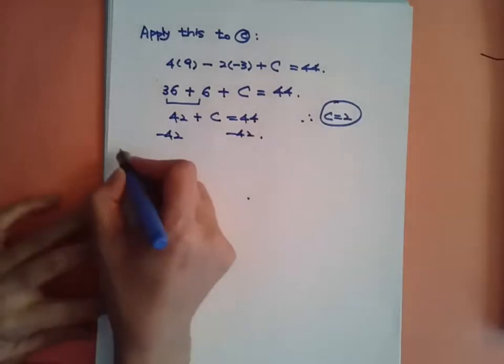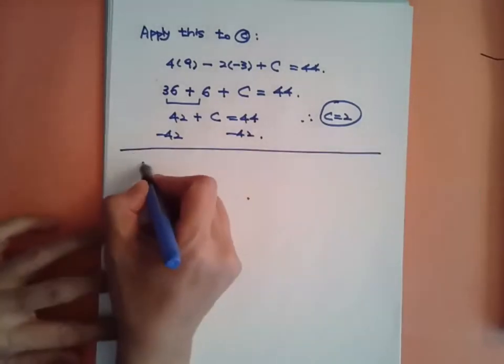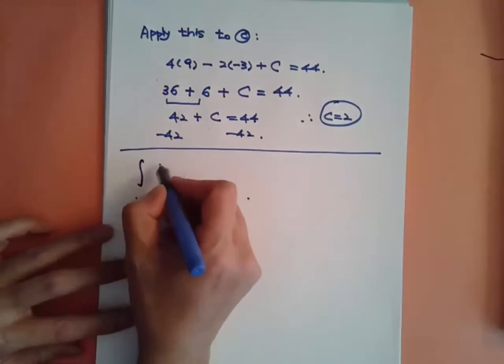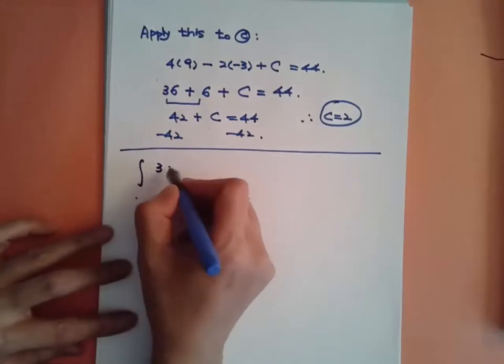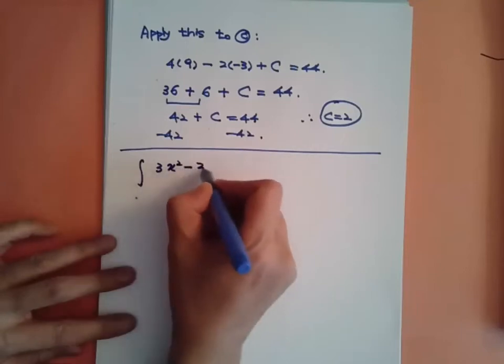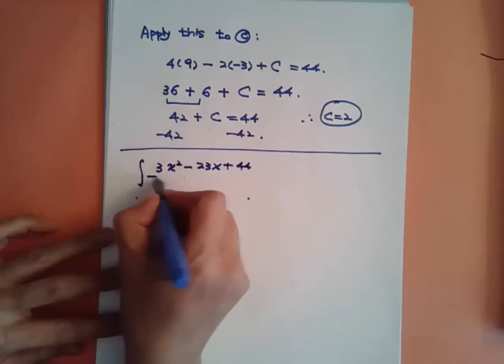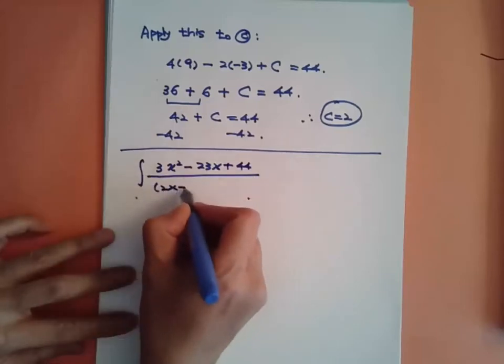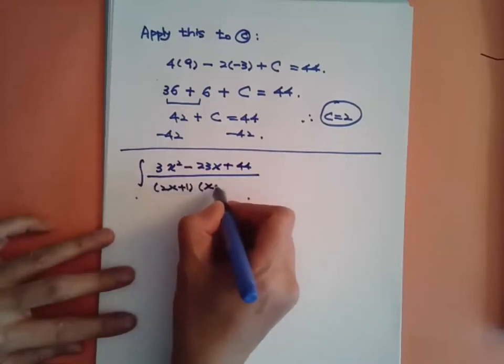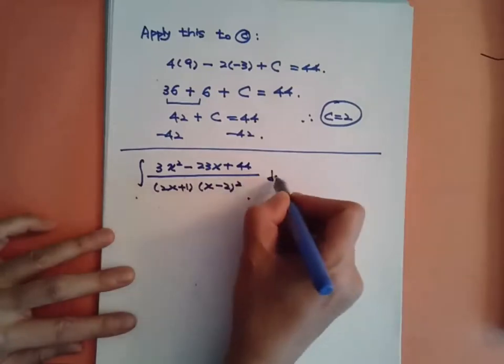So let's go back to the original integration. The integration which is given to us is the integral of 3x squared minus 23x plus 44 over 2x plus 1 times x minus 2 squared dx.